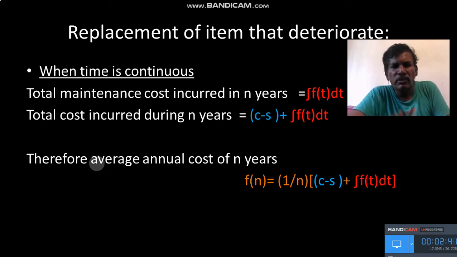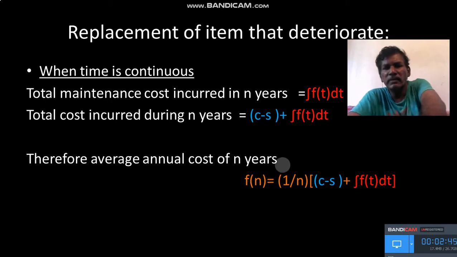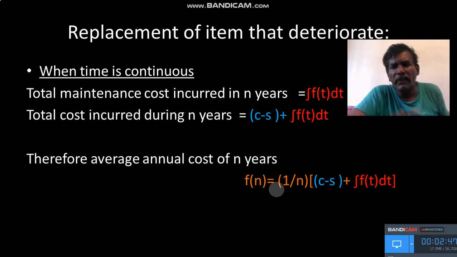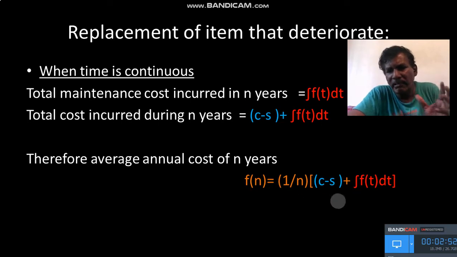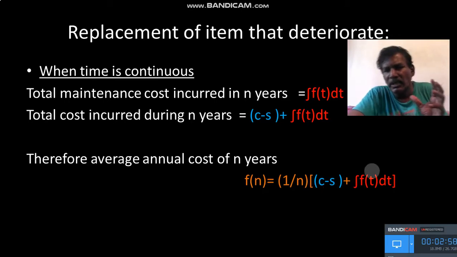So to find the average annual cost of n years, the formula is given by F of n equals 1 by n times c minus s plus the integration of f of t dt. That's the formula.